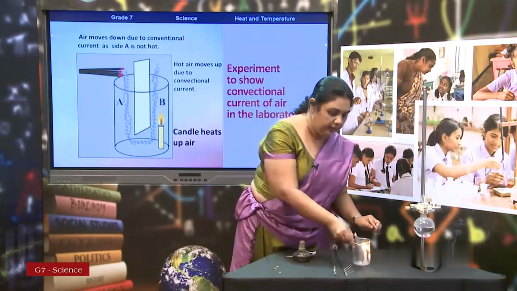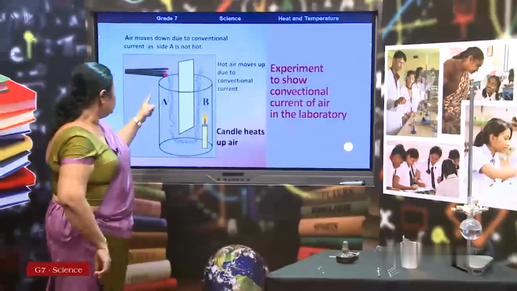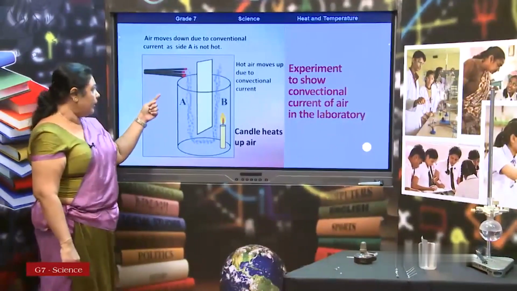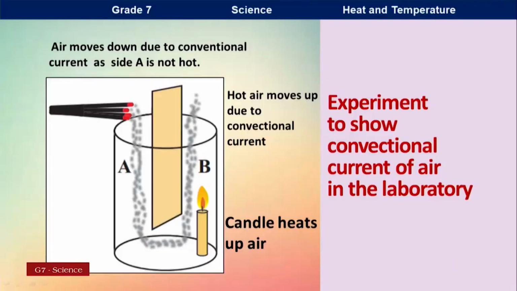I will explain what will happen to this now. In this practical experiment, you can see A side and B side are there. A side, you can see, is cooler compared to this side.